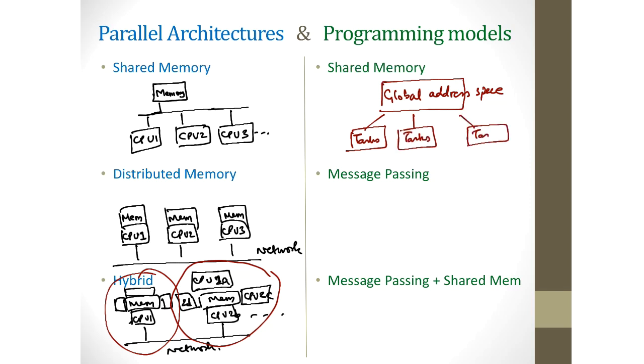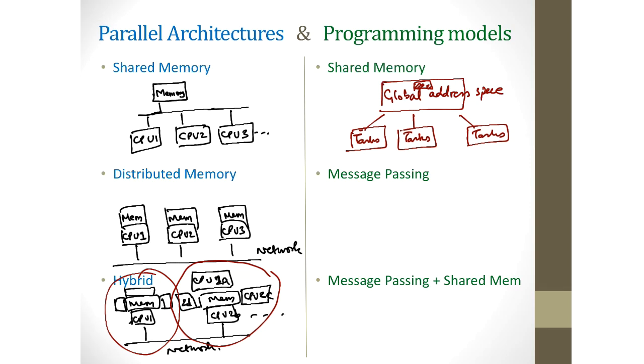All the tasks get to see the same global address space, which means that if one of the tasks writes something to the global address space, that is visible to everybody else.